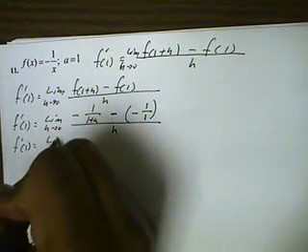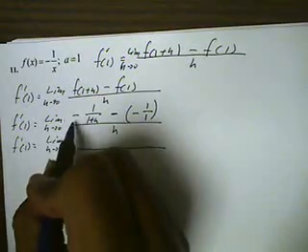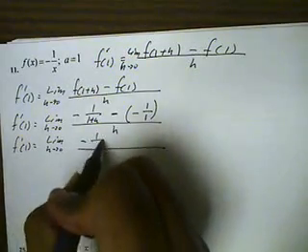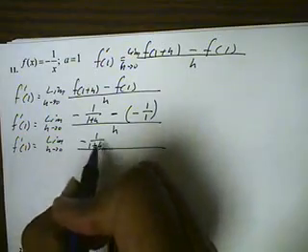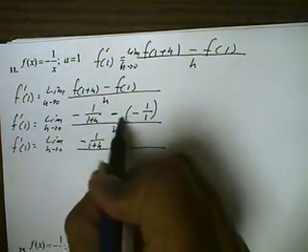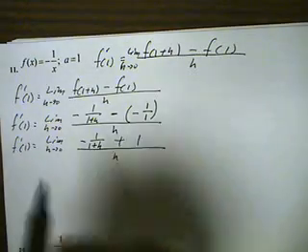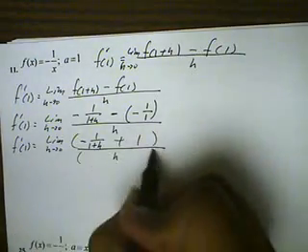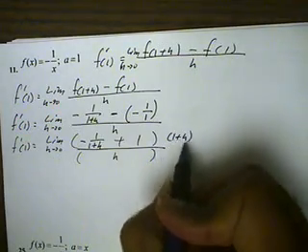Alright, let's simplify this. This will remain negative 1 over 1 plus h. This is a double negative, so we'll have a positive 1. Now from here, I'm going to multiply the numerator and the denominator by the common denominator, which is 1 plus h.